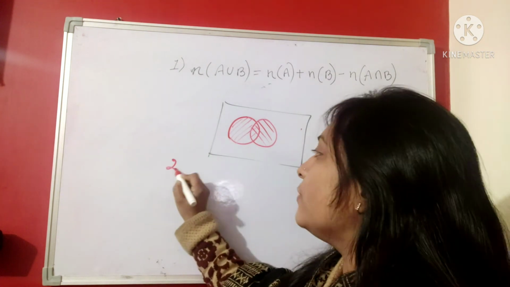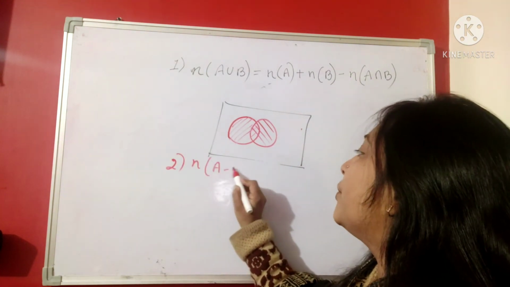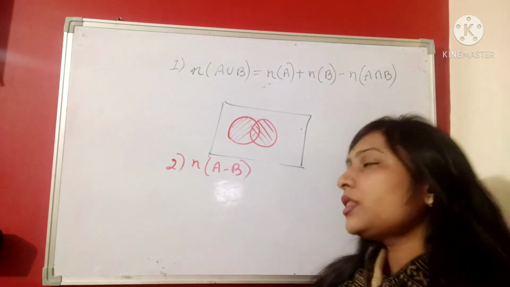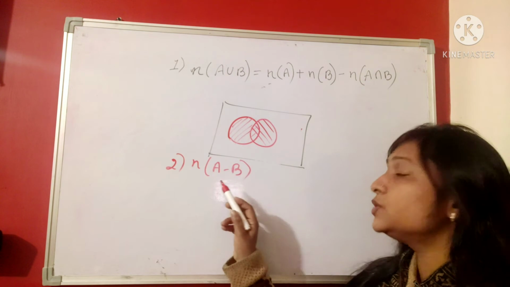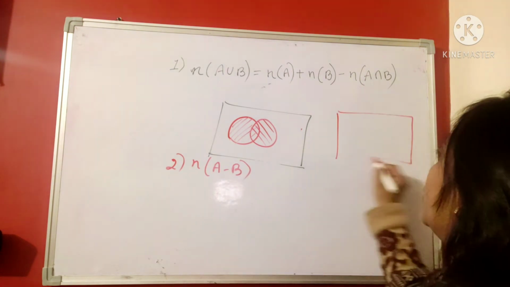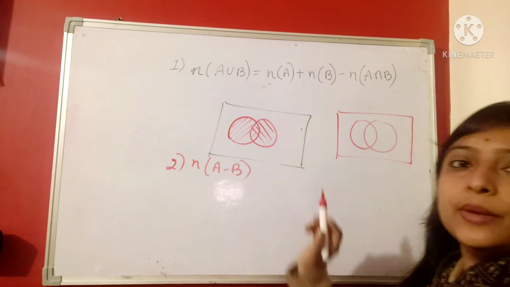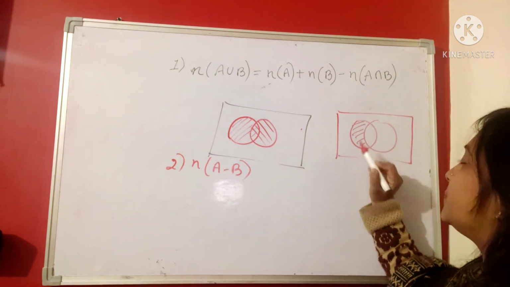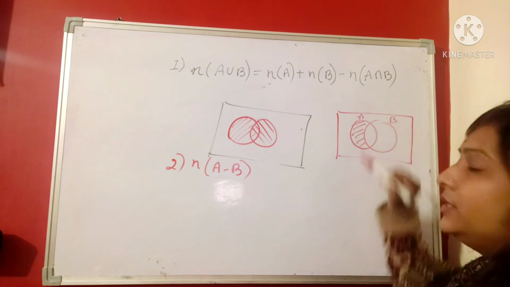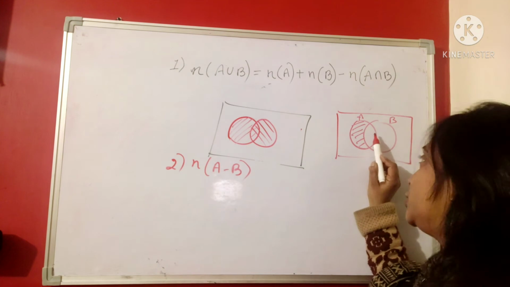Now the second one. For example, if we have to find the cardinal number of A minus B, we already discussed in the previous videos what is the meaning of A minus B. Again, see this Venn diagram. Cardinal number of A minus B includes the elements which are coming only in this portion, if this is A and this is B, right? It does not include the intersection part.